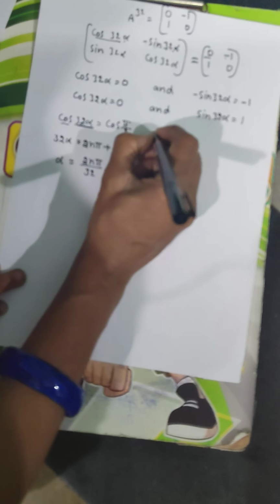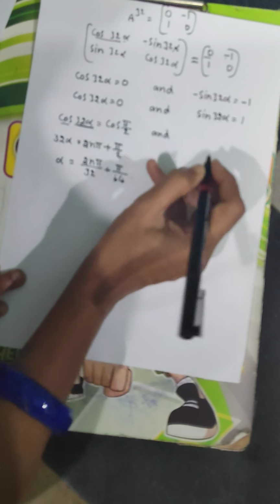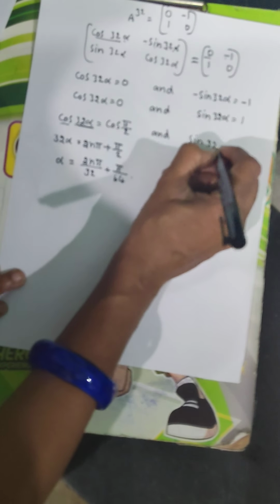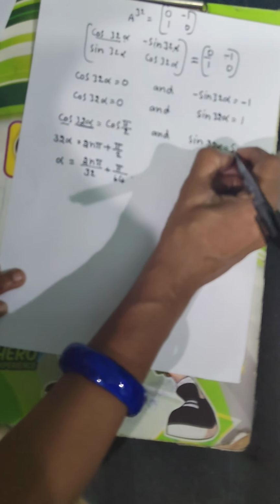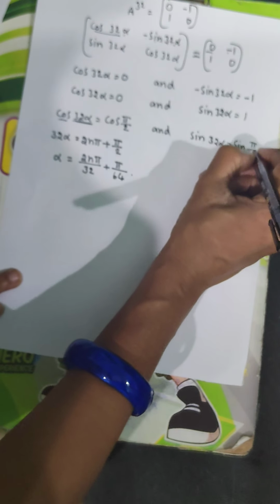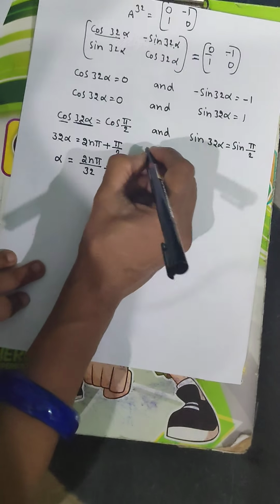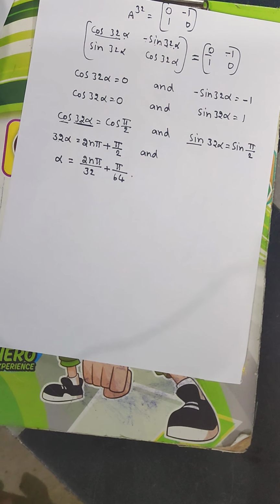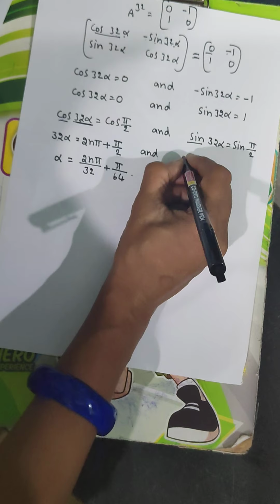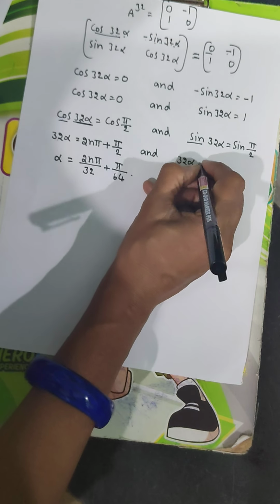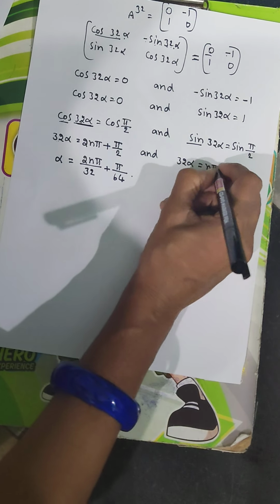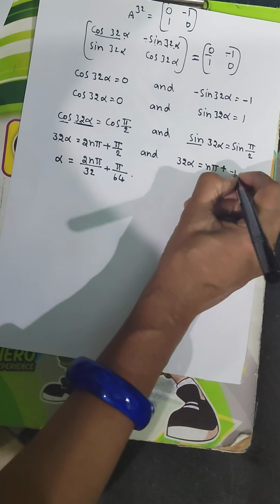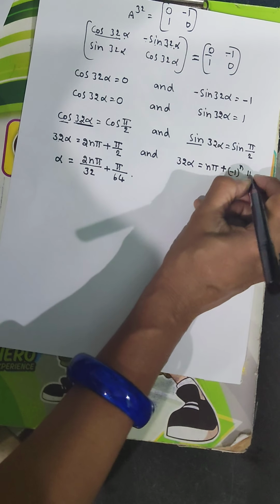And sin 32 alpha is equal to sin of pi by 2. For the sin equation, 32 alpha is equal to n pi plus minus 1 power n into pi by 2.